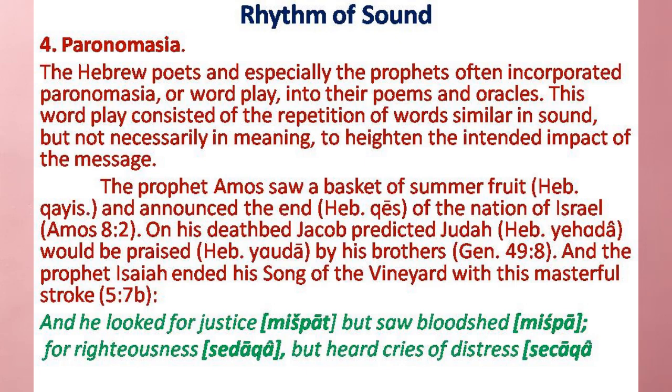This wordplay consisted of repetition of words similar in sound but not necessarily in meaning, to heighten the intended impact of the message. So, this is simply a wordplay. The Hebrew poets usually do this by adding an extra word that may not be necessary for the meaning, but in order to get a punch for their idea, they use a repetitive word.